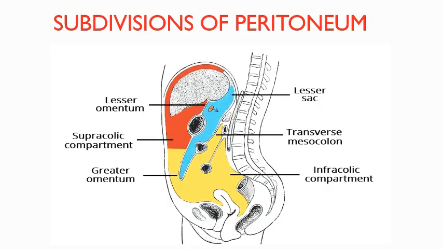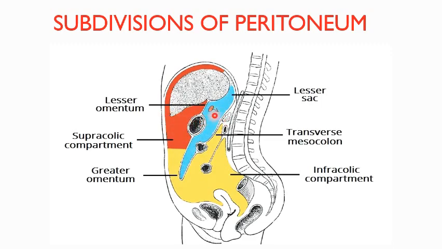Apart from dividing the peritoneum into a greater and lesser sac, the peritoneal cavity can also be divided by means of this transverse colon and transverse mesocolon into supracolic compartment and an infracolic compartment. That is, the cavity of the peritoneum which is above this transverse mesocolon and transverse colon, this whole thing is the supracolic compartment.